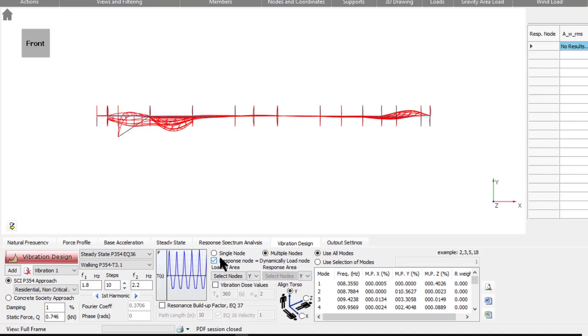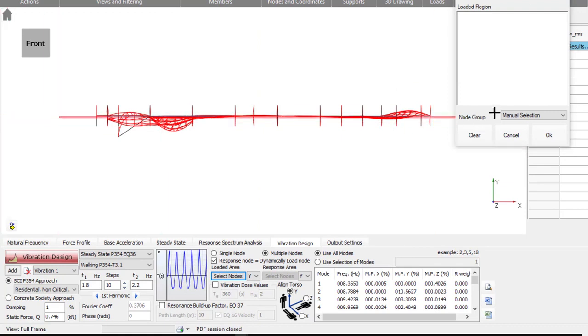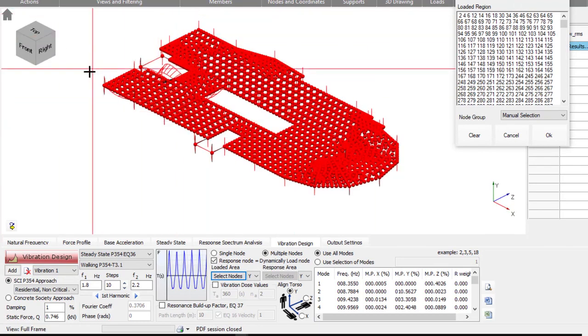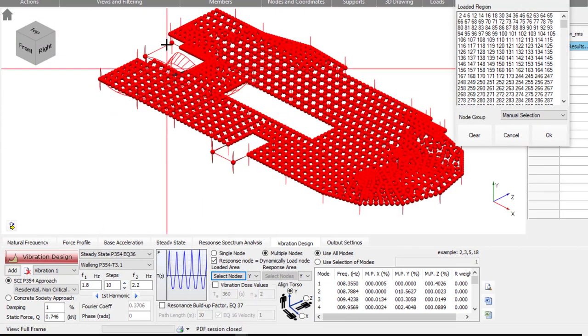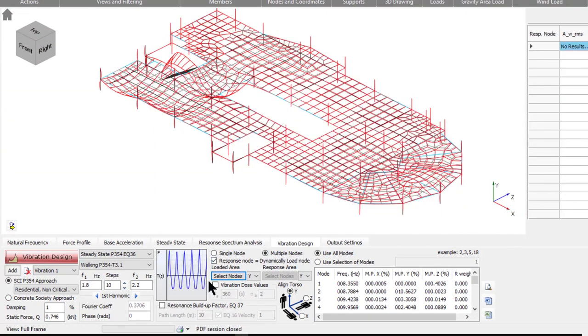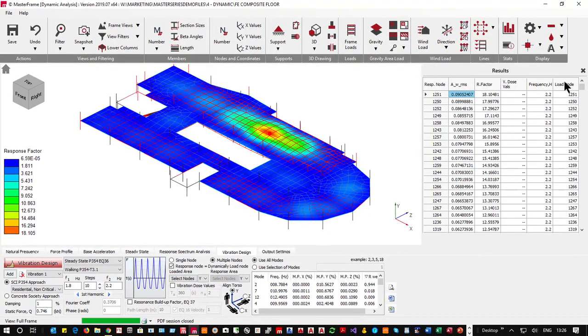So we're going to look at the response at the same nodes and select all of the nodes in the floor. There we go. And then all selected, including these wee edge ones, and that's okay. So we're looking at the Y, and we'll just say go and do our vibration design.